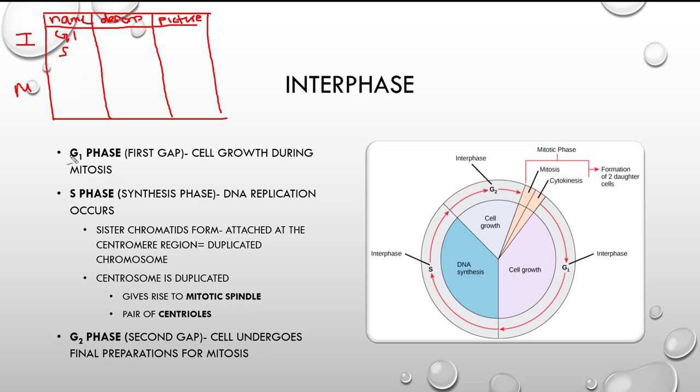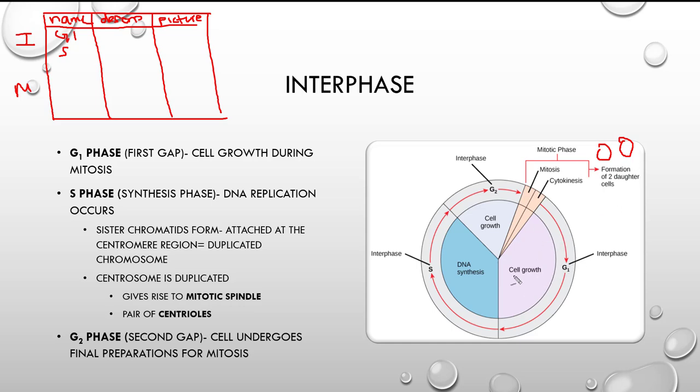So for the first part, what is the G1 phase? We're in interphase. Interphase begins right after the cells have divided. At this phase, you've just divided the cell into 2, so now you have 2 daughter cells. These 2 daughter cells are just divided.